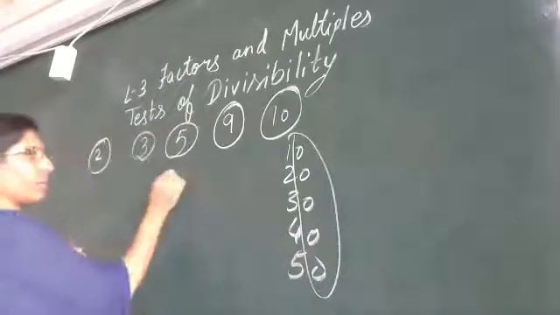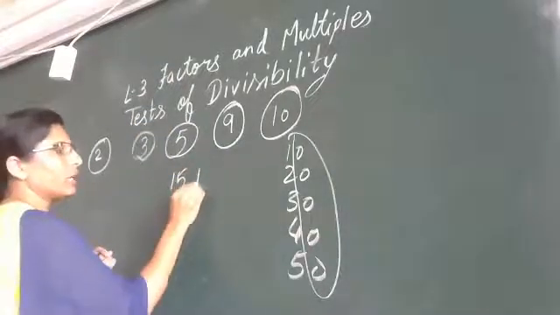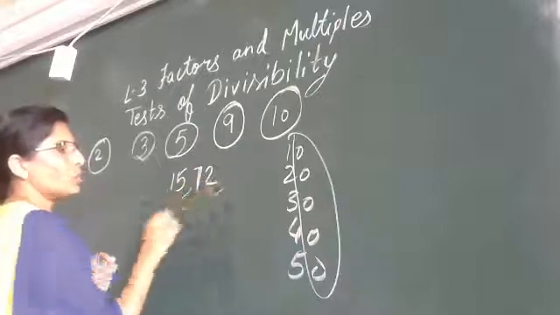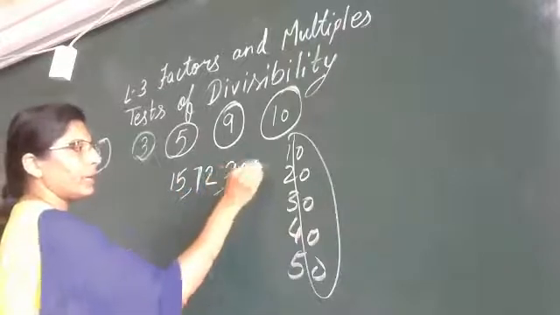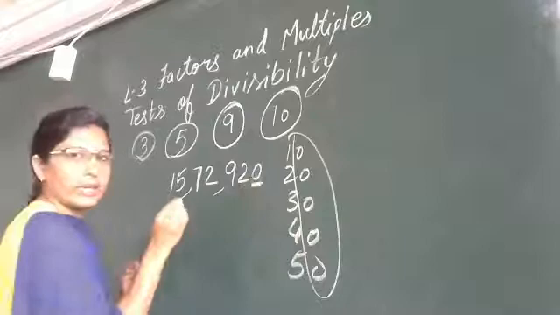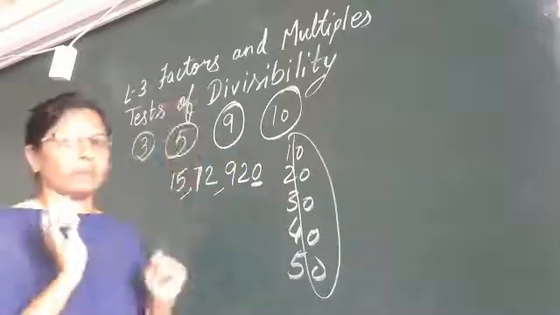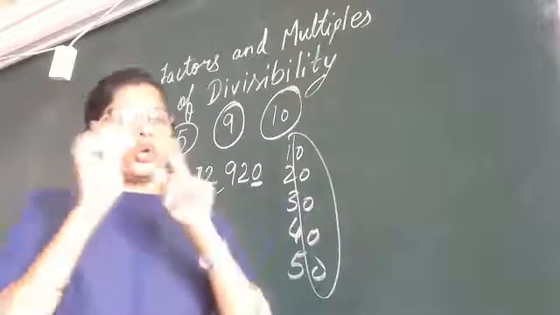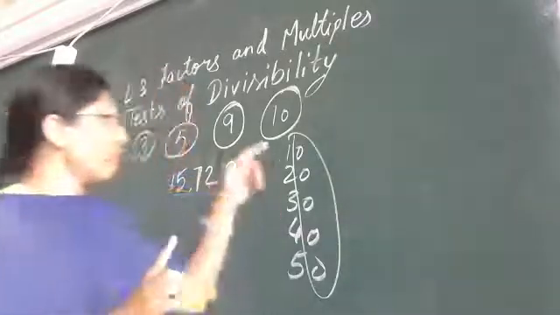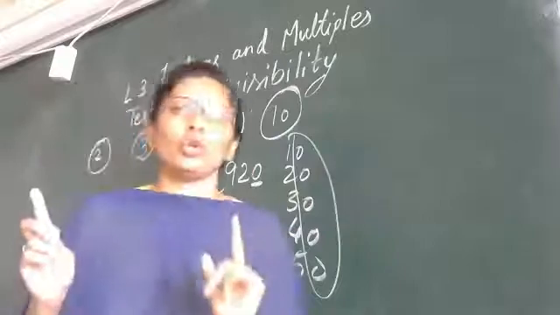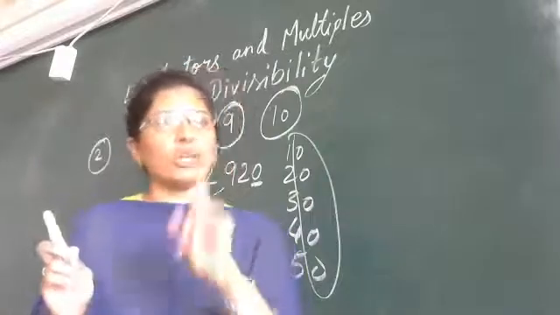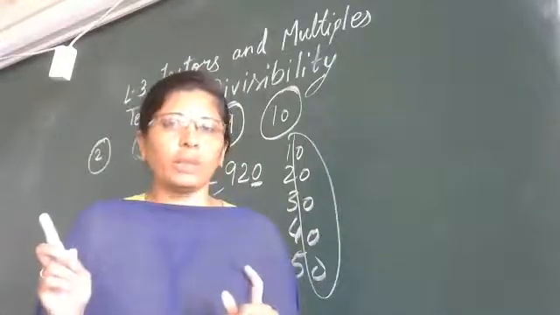Okay, let it be any large number, 15 lakh 72,920. Now here 0 is there, so this full number will be divisible by 10. For 5, you have to see 0 and 5. And for 10, only 0 you have to see. In one's place, 0 should be there. Okay?